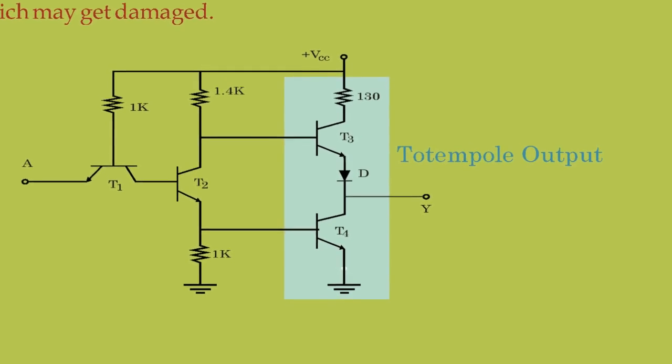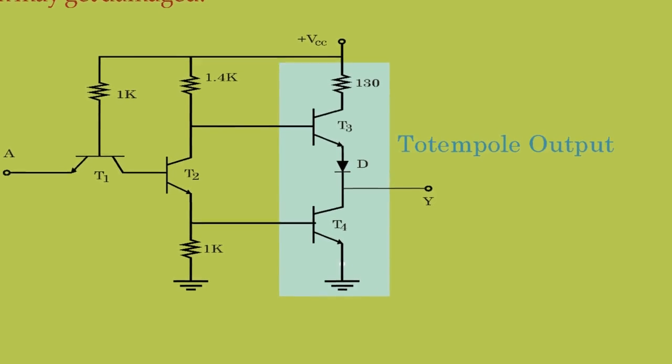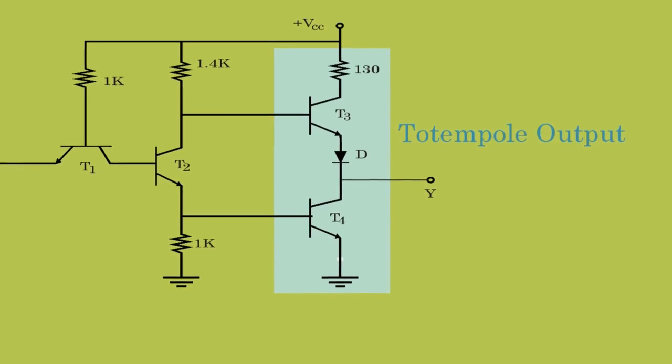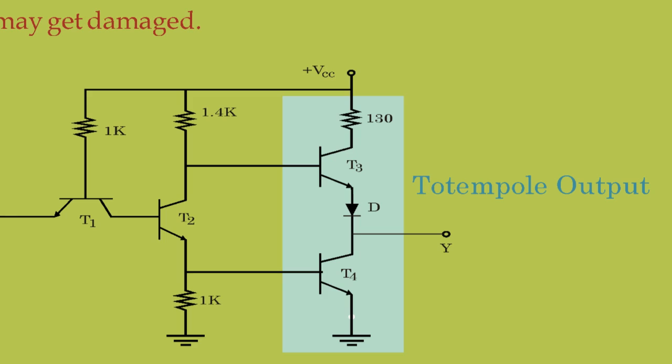Let's have a look at the diagram. There are two transistors, coupled in series. From the power supply, there is a current limiting resistor of 130 ohms, then transistor T3, then a diode connected in between the two transistors, and at the end another transistor, T4, whose emitter is connected to ground.